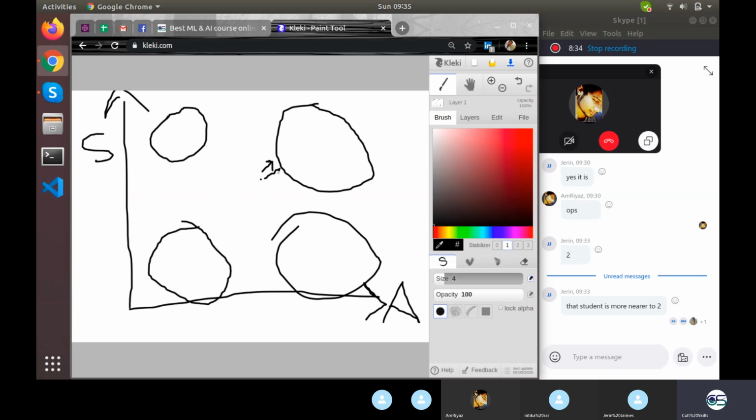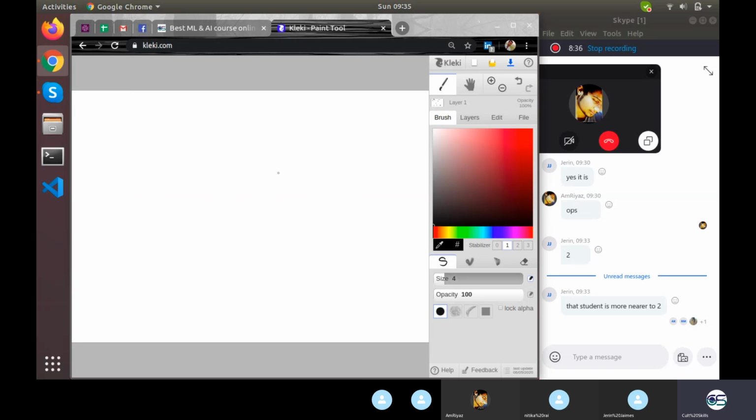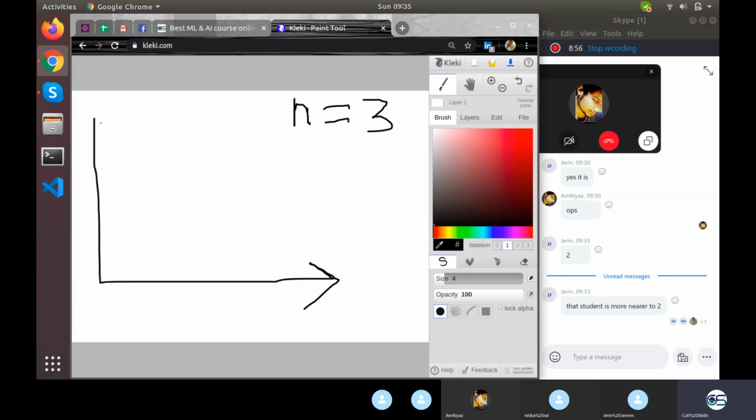So how does KNN operate? It basically asks you for one thing, which is the value of k, or n, whatever you will say. Suppose I'll take it as n, and I set n equal to 3. Now I have a graph with different plots.